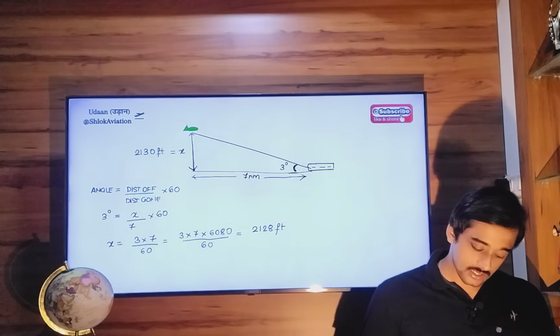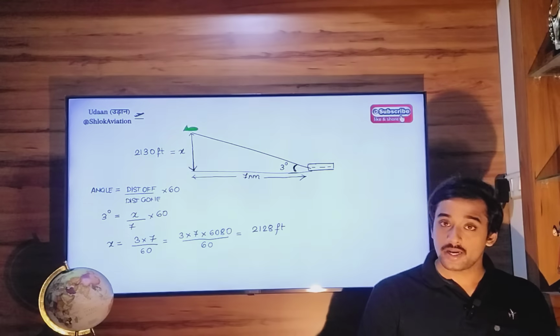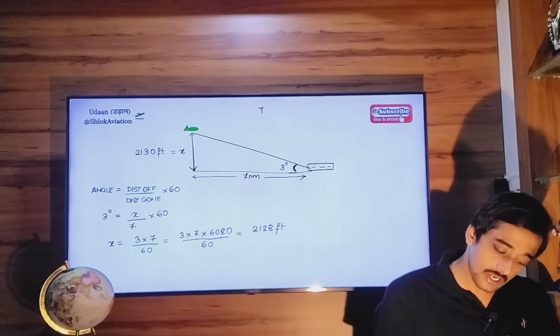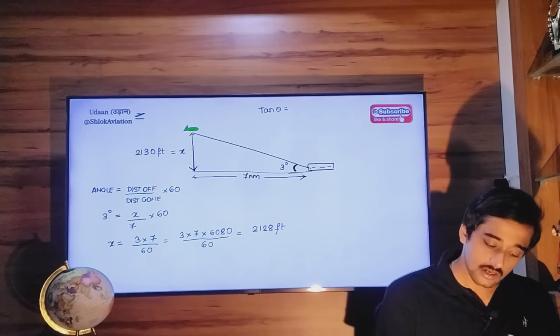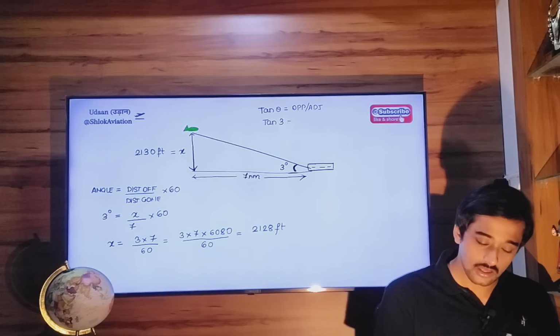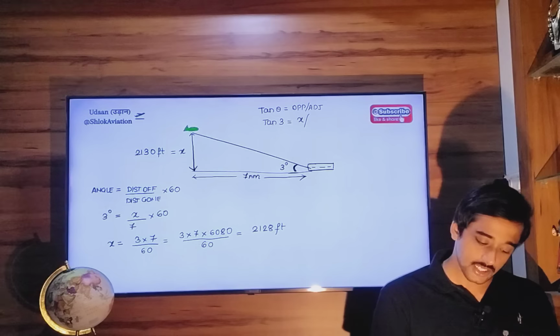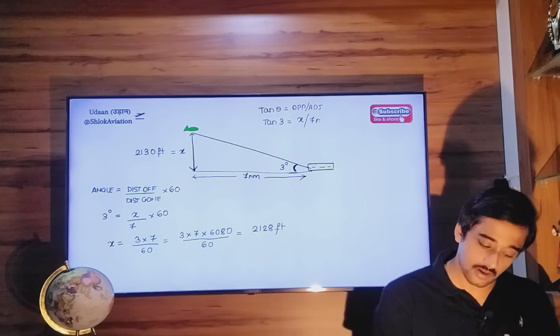Now let's use the trigonometry formula tan theta. So tan theta equals opposite upon adjacent. So tan of 3 degrees. Opposite side is unknown to us, the height of aircraft. Adjacent side is 7 nautical miles.